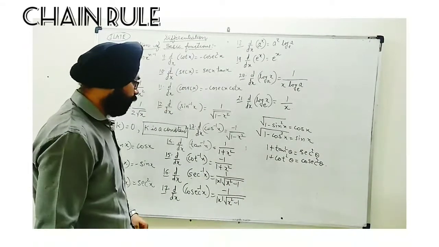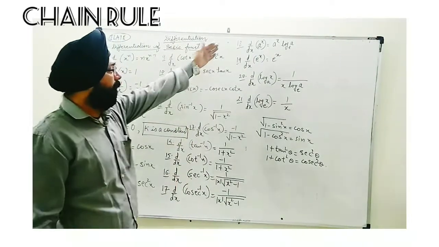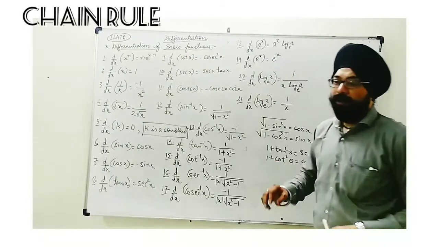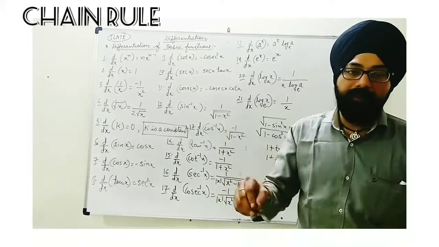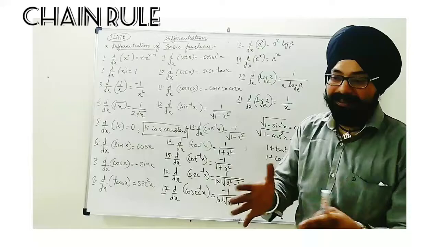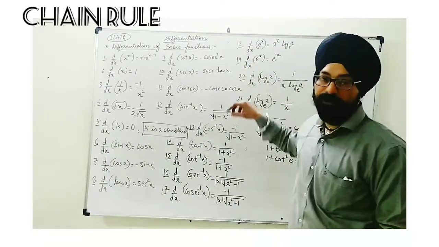Now next one, these were inverse trigonometric functions. We are coming to exponential form. Keep in mind, exponential function we consider only when the variable x, the standard variable x, is involved. With respect to x we are differentiating, that's why.